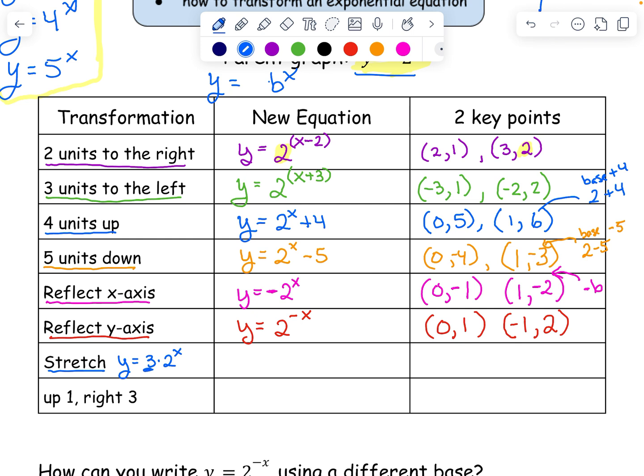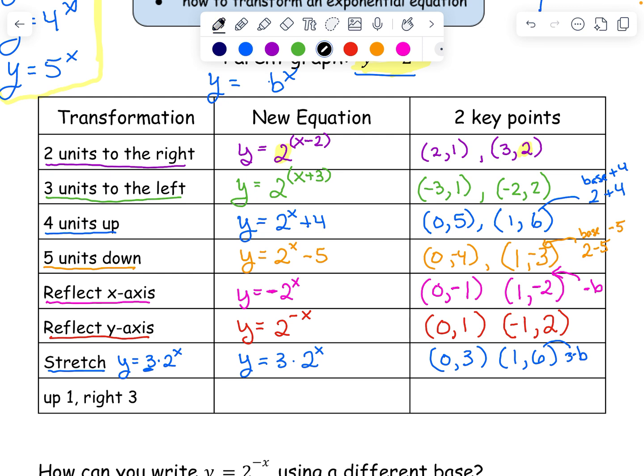So if I was doing y equals 3 times 2 to the x, then we are going to multiply all of our outputs by 3. So this would still have an input of 0, but what used to be 1 is now 3. And this one would still have an input of 1, but what used to be 2 is now 6. So this is made by taking our base times 3, because it used to be just the base.